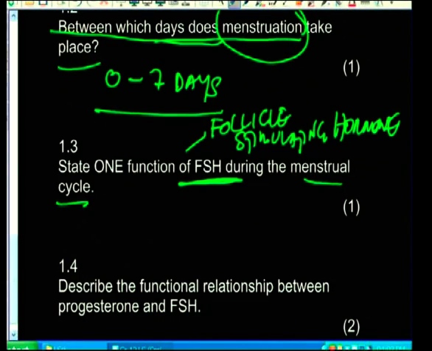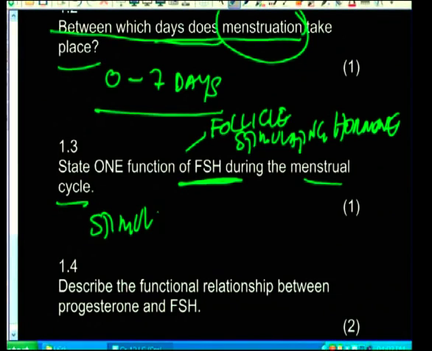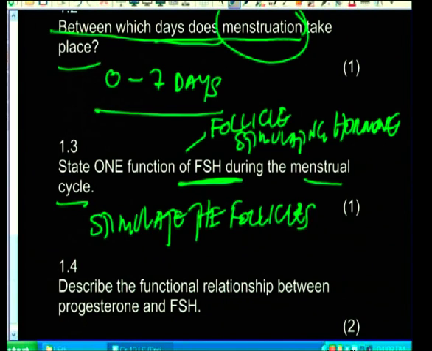Now, why do I link the two? This question is asking you, what is one function of the follicle stimulating hormone? Same type of question, isn't it? Follicle stimulating hormone. The function is to stimulate the follicles to develop.